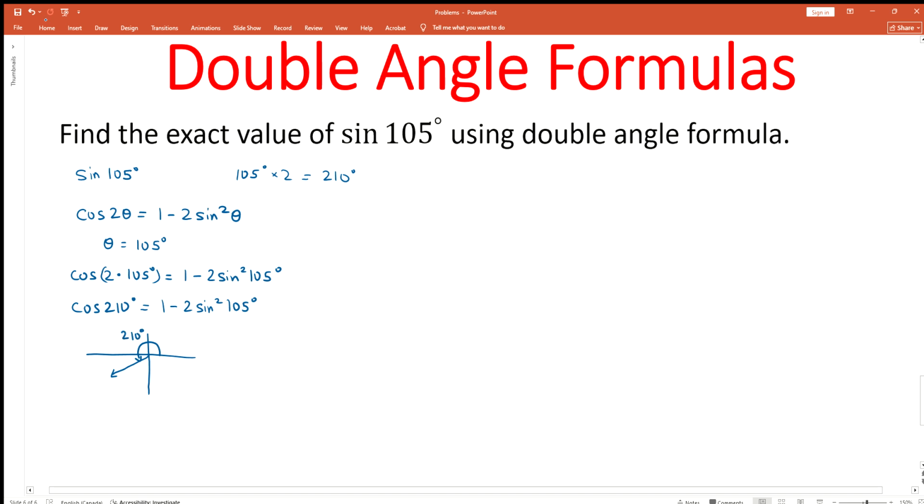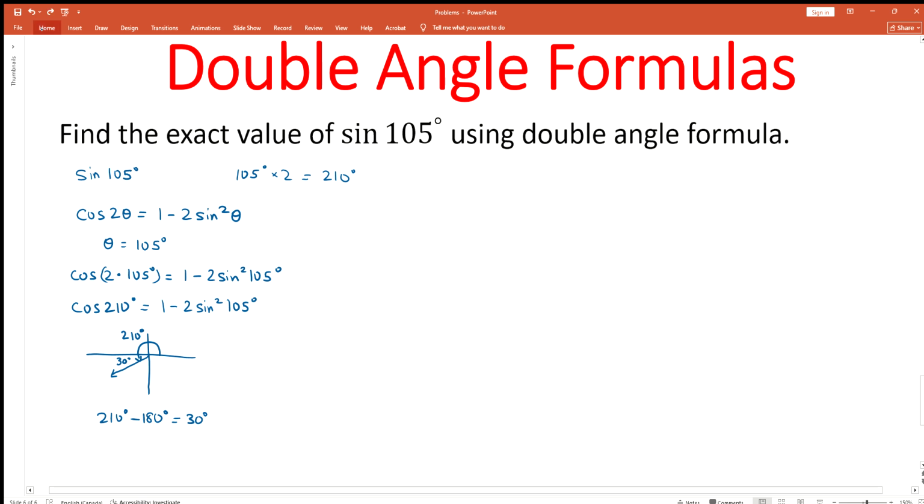Next, we can find the reference angle or related acute angle for 210 degrees. For that, we should subtract 180 degrees from 210 degrees, which is equal to 30 degrees. This angle here is the reference angle or the related acute angle for 210 degrees.